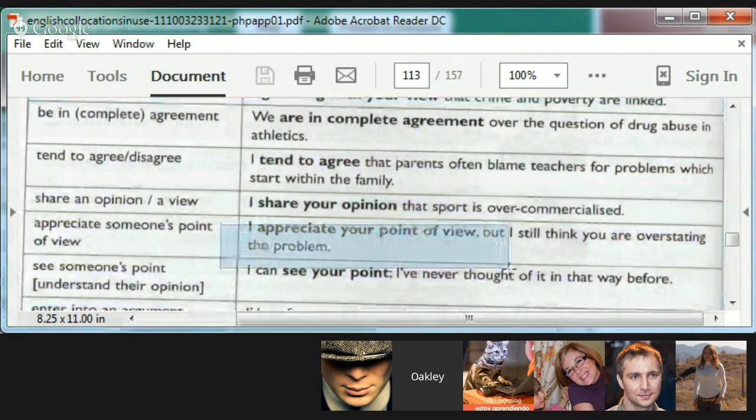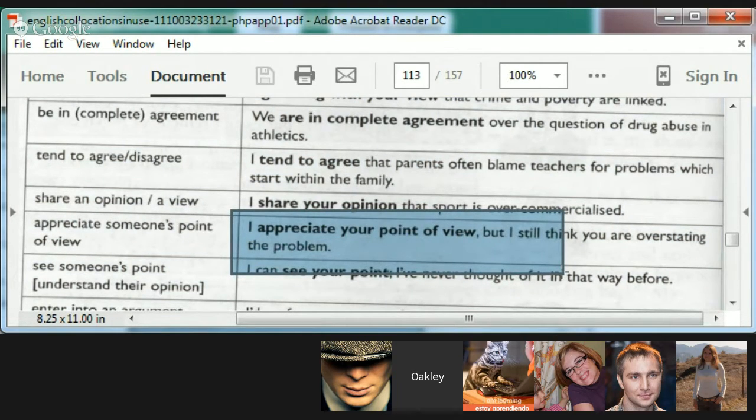And also there's an element of I understand. In fact, you could very easily substitute I understand what you're saying, but I still think you're overstating the problem. You could also say, Albina, I sympathize with your point of view.